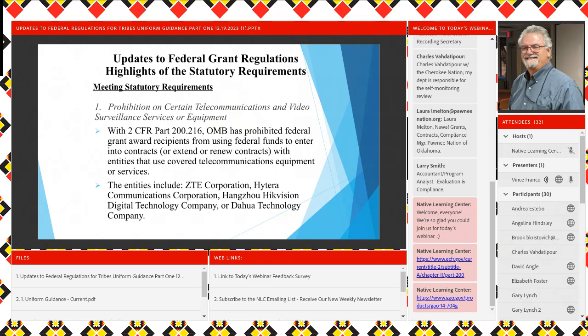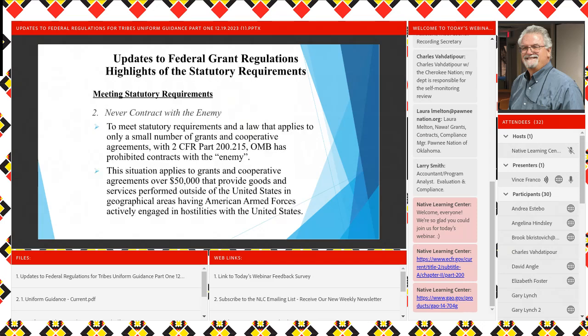So it might be a moot issue for you. I just want you to be aware that we have some of these crazy things in the uniform guidance to be aware of. Prohibition on certain telecommunication and video surveillance equipment. And it is what it is.